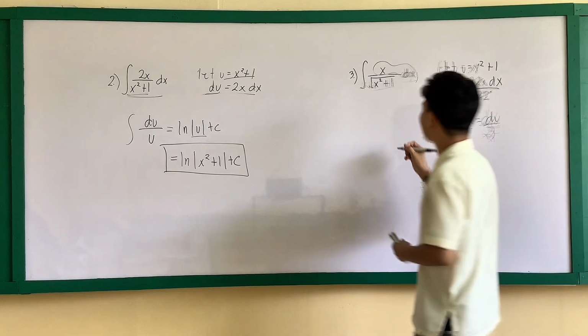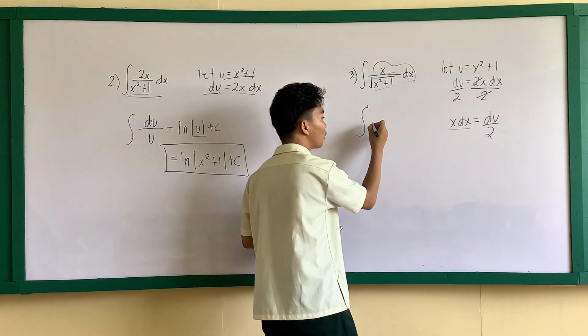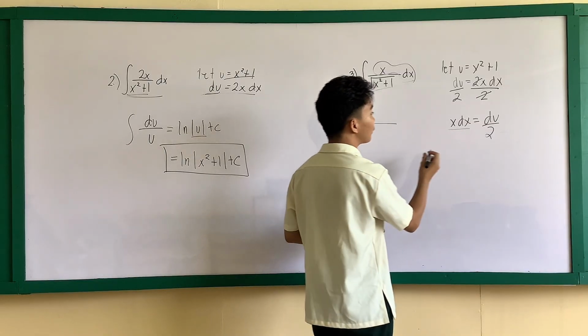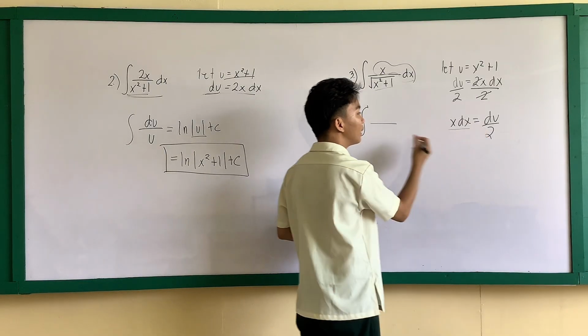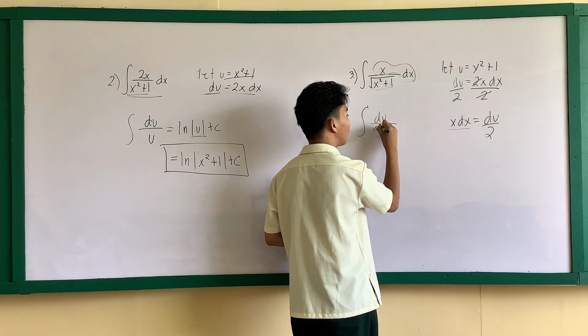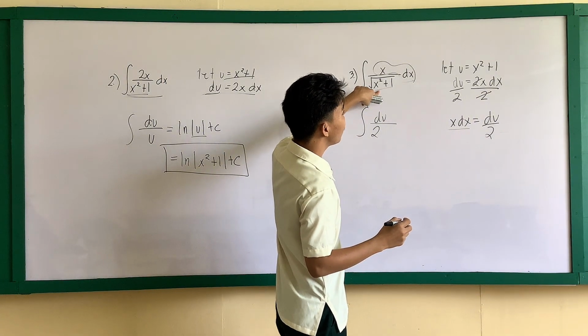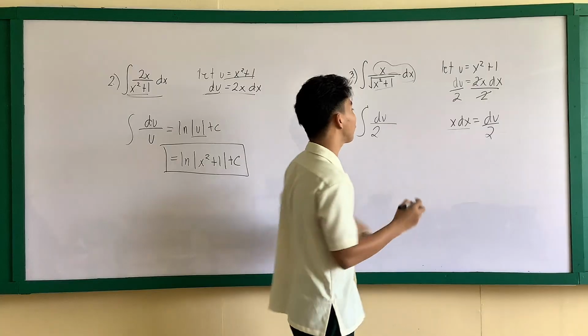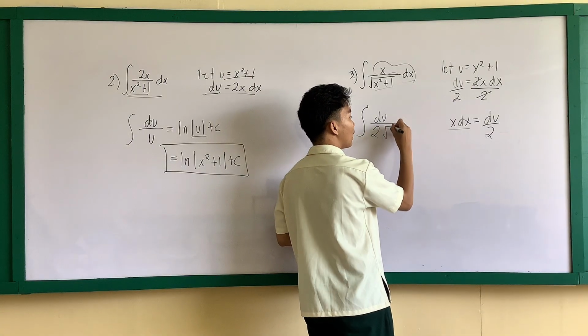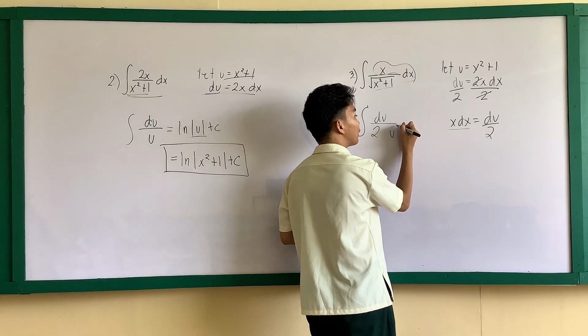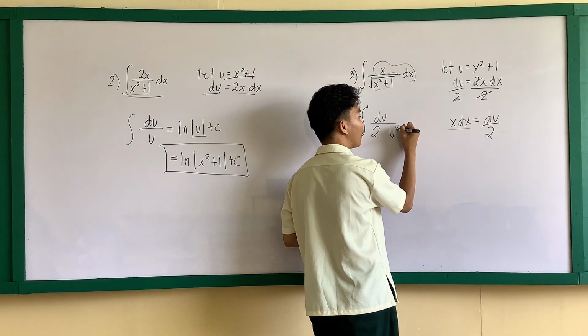So what we'll do is substitute, like what we did in problem number 2. We're going to substitute x dx with du over 2. And since the denominator we already let to be u, we're going to substitute it with u, or simply, u raised to the power of 1/2.